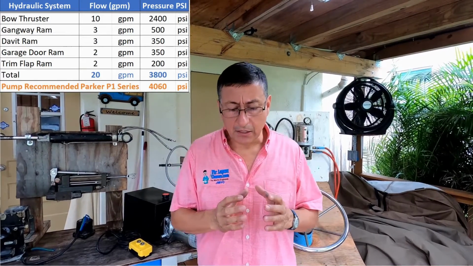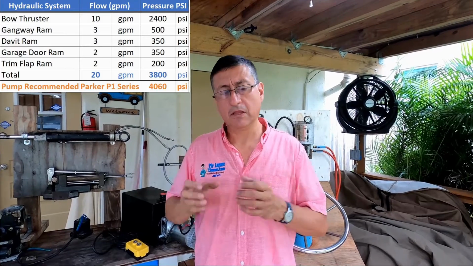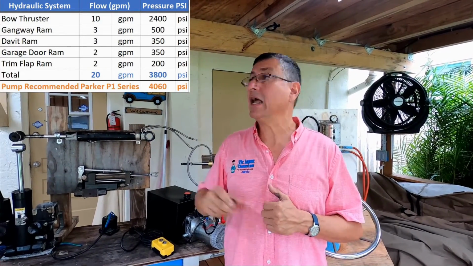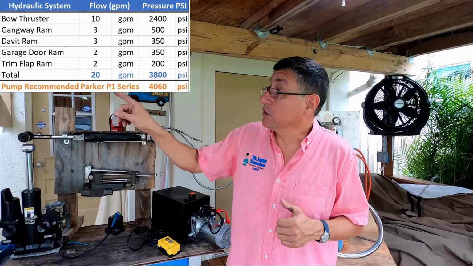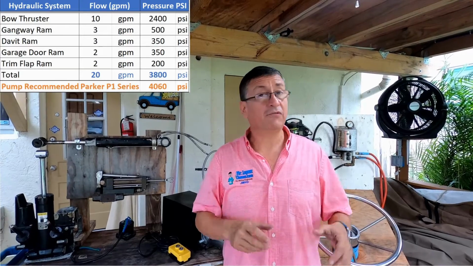Yes, you need to add the flow required for each system plus the pressure. Flow and pressure, flow and pressure, flow and pressure. And after that you add it up. And this is the total flow and the total pressure that you need in the pump. After that you enter the catalog and you select the pump.